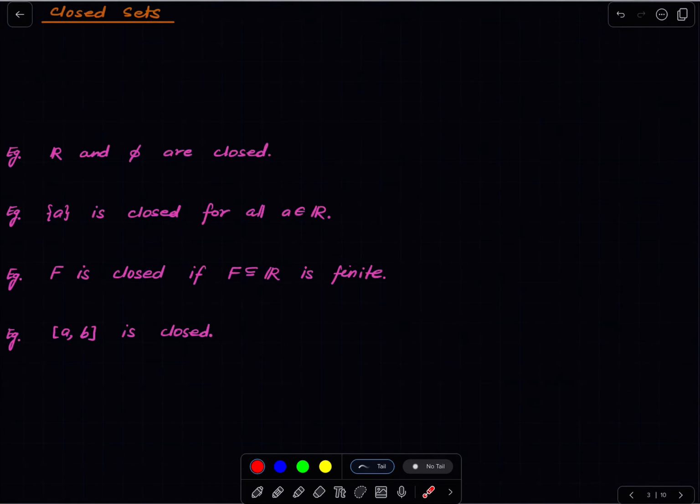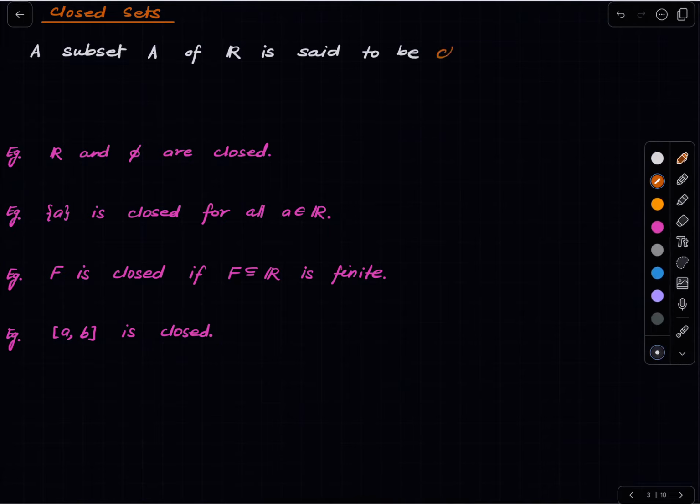So what is a closed set? A subset A of R is said to be closed if its complement is open, and the complement is this set.